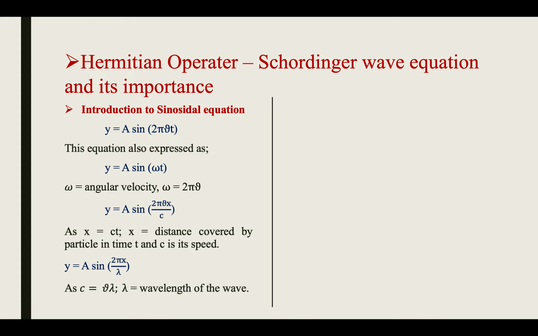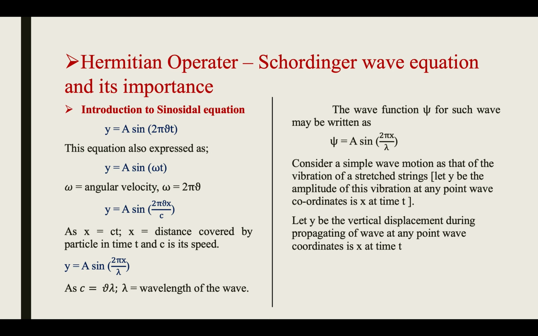These are the various forms of the same equation. Now y can be replaced with a psi function, that is, the wave function. The wave function psi for such a wave may be written as psi equals a sine 2 pi x by lambda.